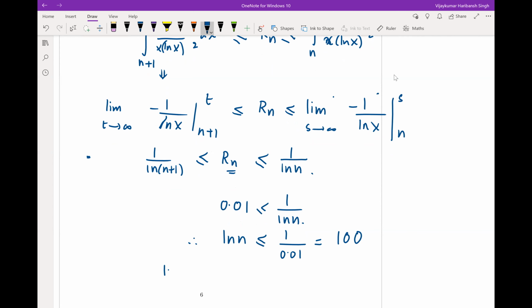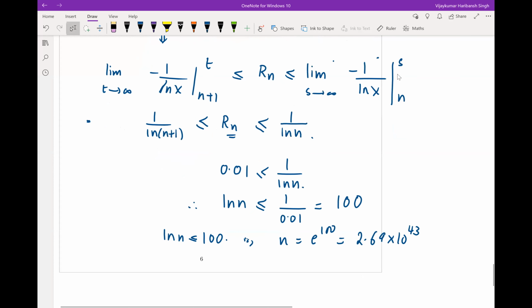So when is ln n equal to 100? Can we do this computation? What your n is going to be roughly is 2.69 times 10 to the power 43. That is your bound on n.